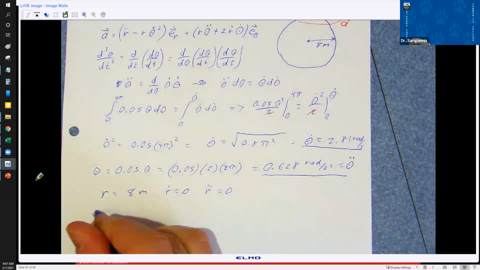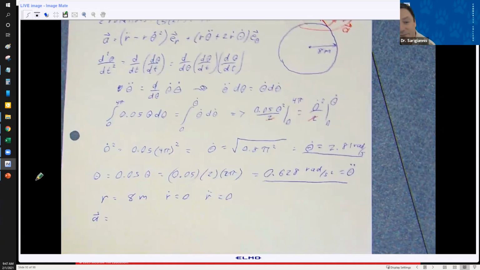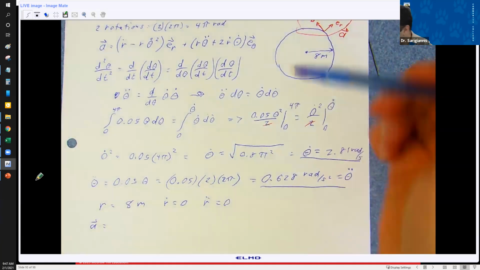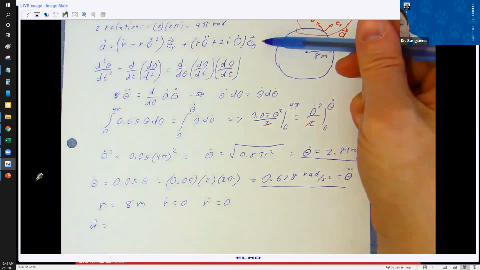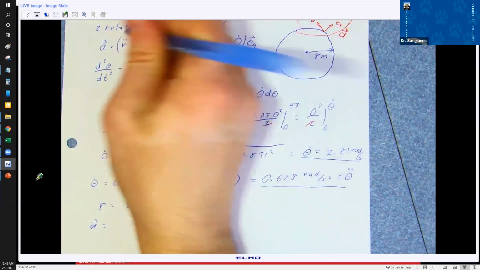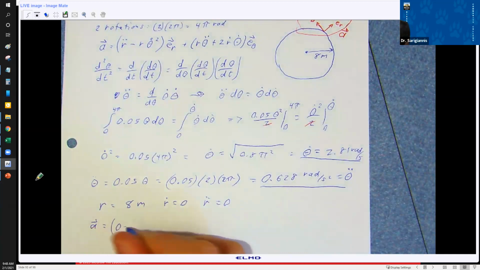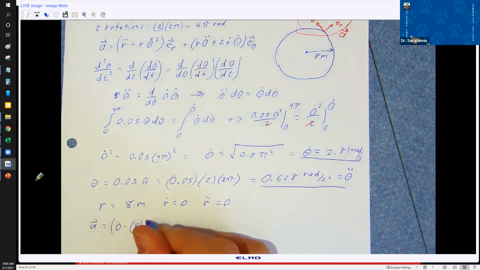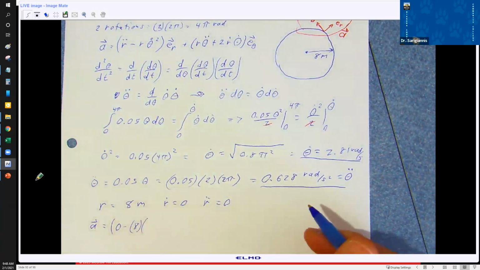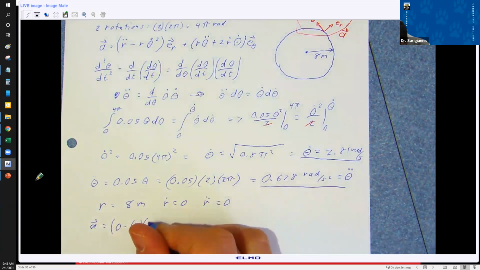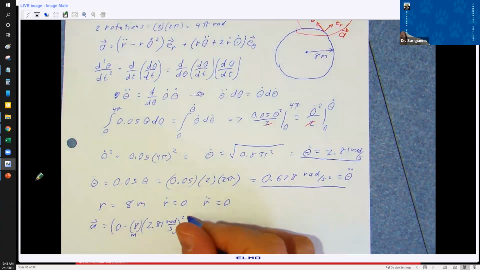So your overall acceleration is just, I'm going to plug in. I've got r double dot, so I'm going to have 0 minus r, which is 8 meters, times theta dot squared, so 2.81 radians per second squared. This is meters, this is radians per second squared, and this is the e r component.